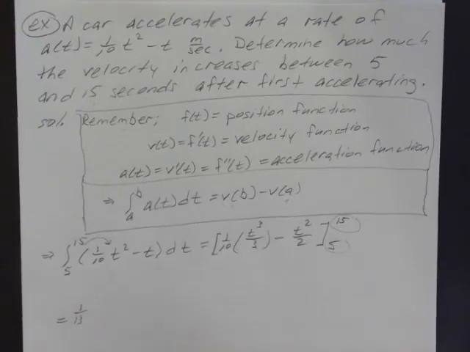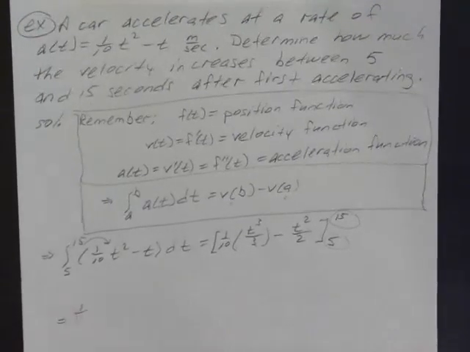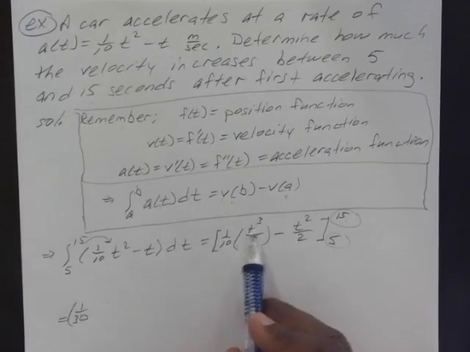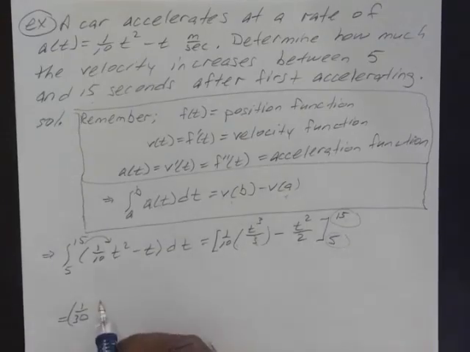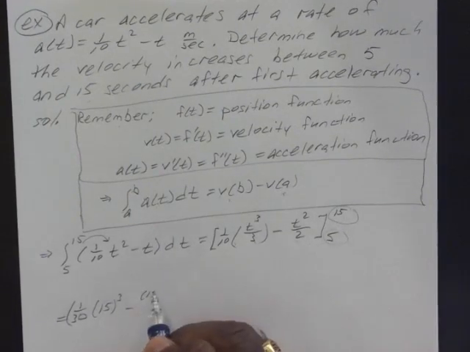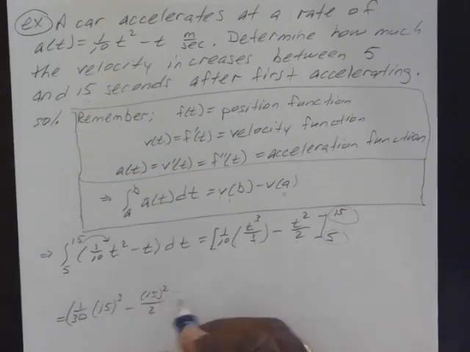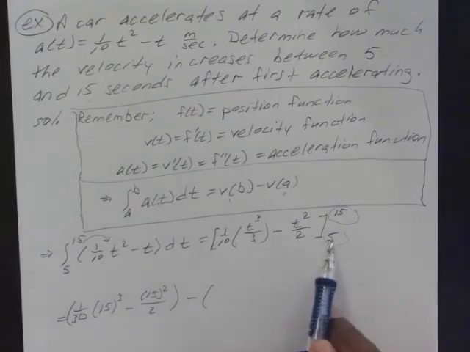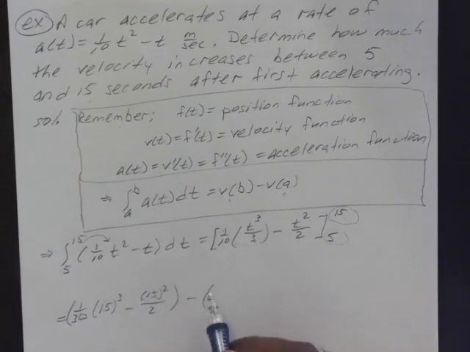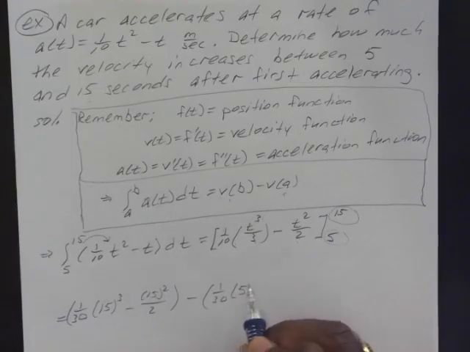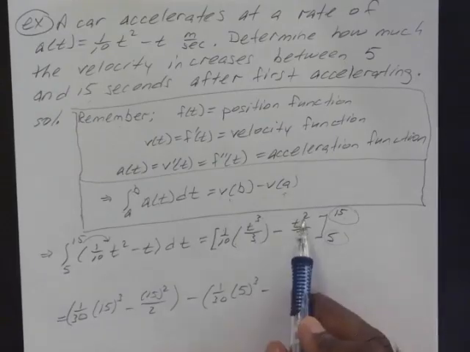So we have 1 over 30 times 15 to the third power minus 15 squared over 2, minus, now we plug in our lower bound, so that's 1 over 30 times 5 to the third power minus 5 squared over 2.